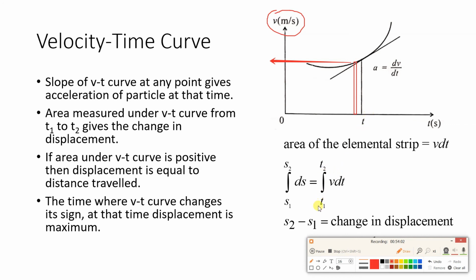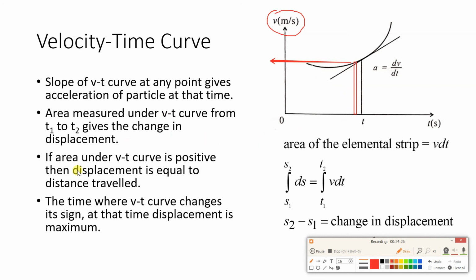It will be integral of T1 to T2 V dt. Why? Because elemental strip thickness is dt and height of that rectangle is velocity. So from there, whatever we calculate, it will be change in displacement. So change in displacement is what? It is area under the Vt curve from T1 to T2.